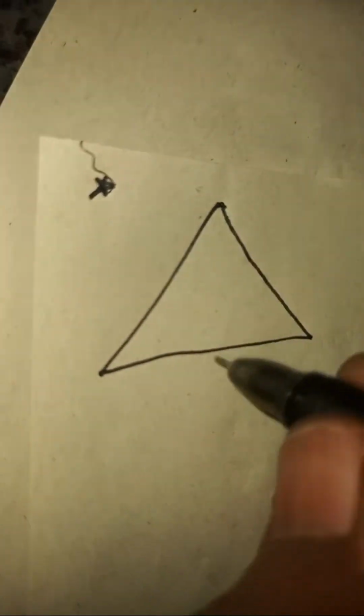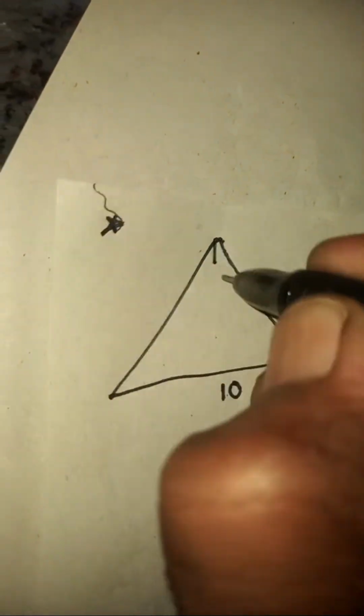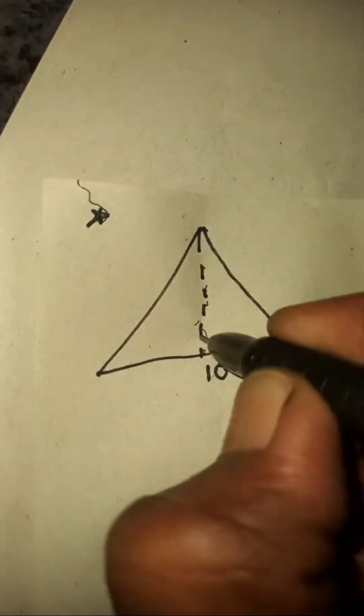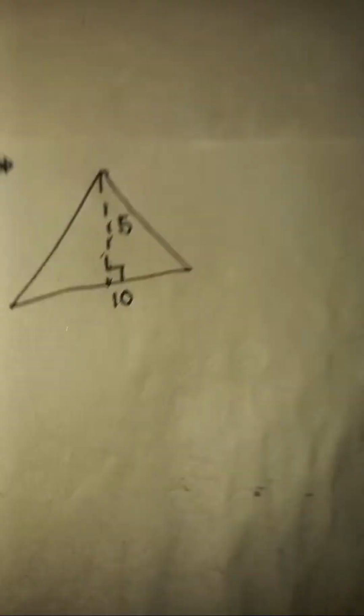In this triangle, they have given the same thing, base and height. Here base length is 10 units and perpendicular height is going to be equal to 5 units.